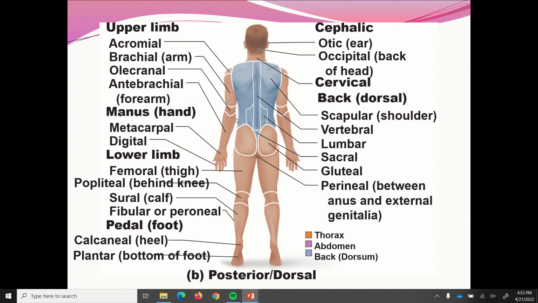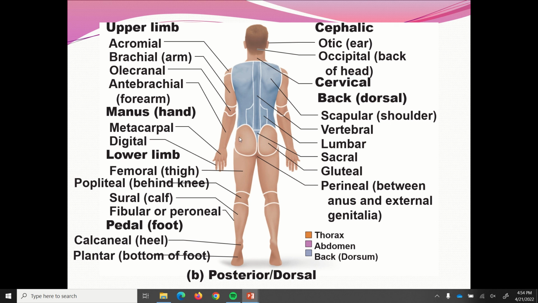And then the back, or dorsal, consists of the scapular or shoulder regions, vertebral, which is spinal, and lumbar, which is the lower back. The upper limb consists of the acromial, or outer shoulder, the brachial, which is the arm, olecranon, back of the elbow, antebrachial, forearm, and again the manus with the pollex and the digits, and the carpals and metacarpals.